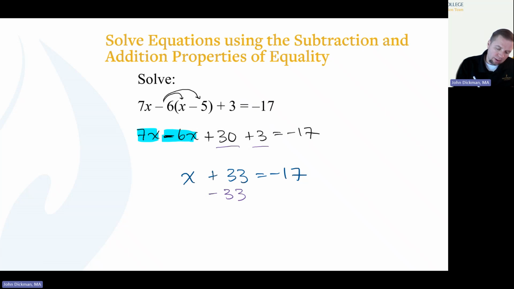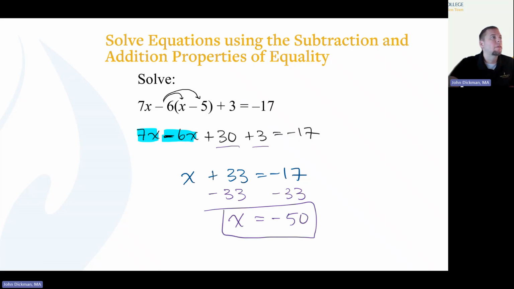And so that leaves us with x on the left side of the equation. And on the right side, we have negative 17 minus 33, which is negative 50. Always a good idea to plug your answer back into the original equation and check that both sides of the equal sign are the same.